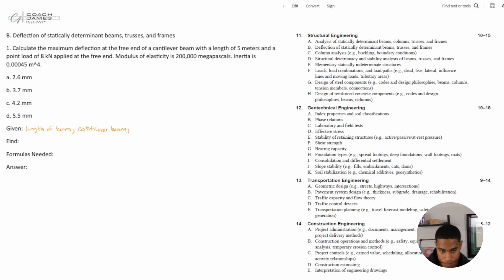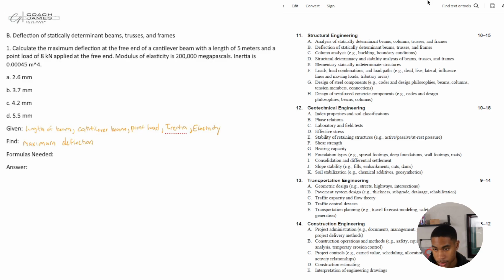And then we're also given the point load, the moment of inertia, and elasticity. Okay, is that it? I think that's it. Okay, so what are we trying to find? We're trying to find the maximum deflection.